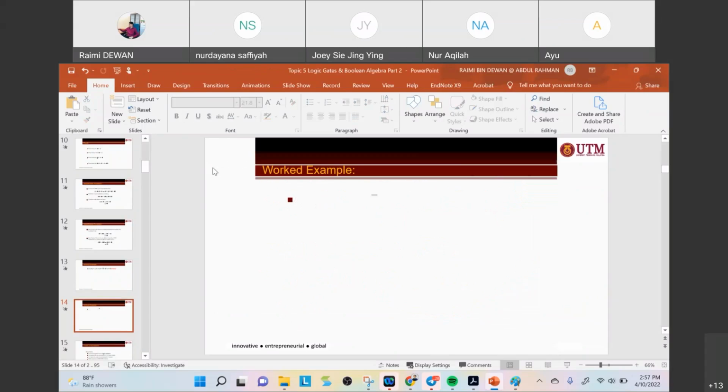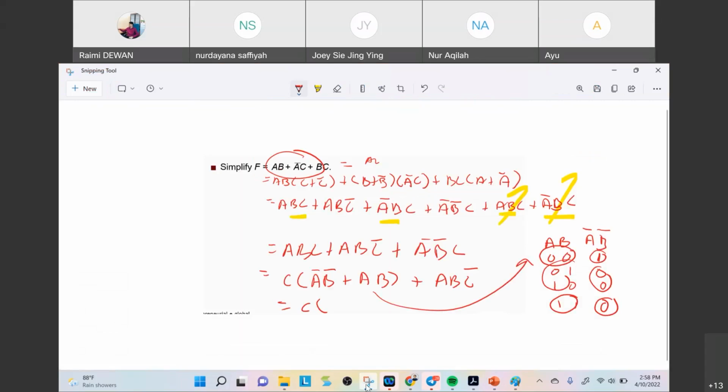So, yes? I have a question for this question. Just now you do. Sorry? I want to see your solution just now. Oh, yes, this one? Yeah. How about the A bar B C for the second line there? This one? The A bar B C got 2 1, right?